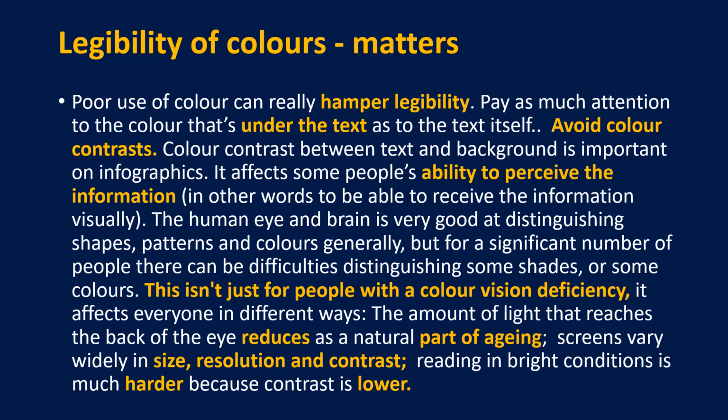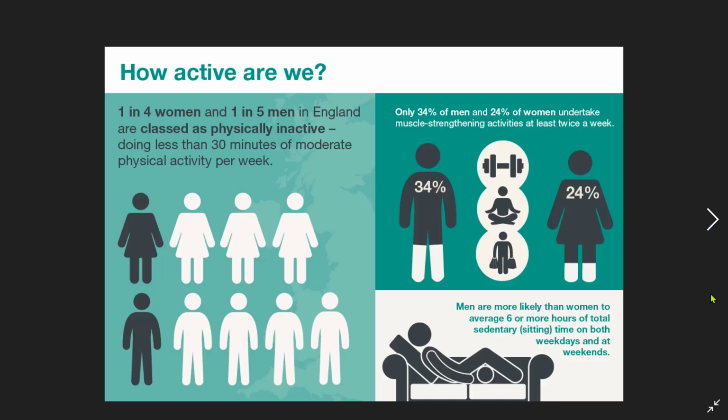So let's have a quick look at some good examples of this in infographics. Okay, so here's an okay example. All right, it's not perfect, but it's okay. They've used this cyan blue green, and they've tried to use some variations, but they've tried to make sure that the colours do stand out.